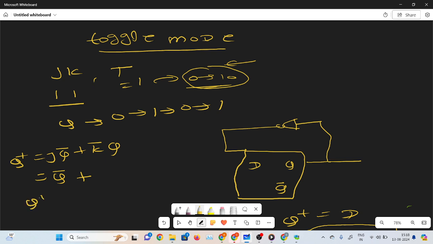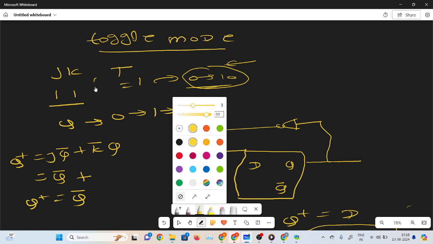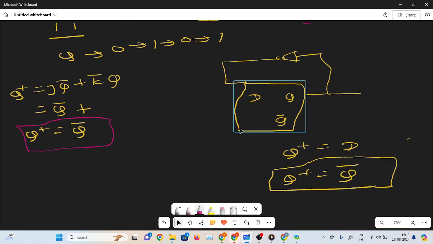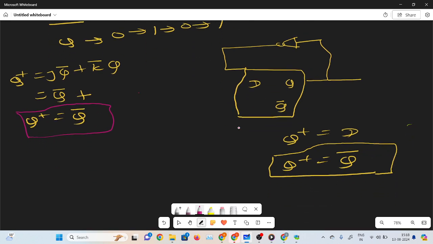So Q plus is equal to Q bar. So this is the equation of the toggle mode. Toggle mode only happens in the case of the T flip flop and the JK flip flop. But if you want to convert any flip flop into the toggle mode, you need to perform some operation.